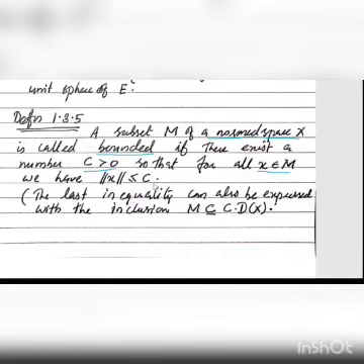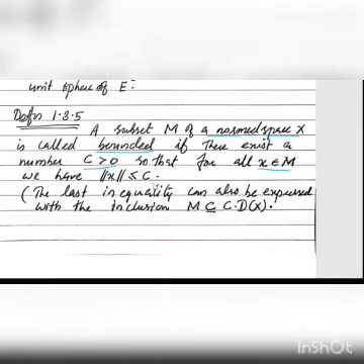The last inequality can also be expressed with the inclusion M is contained in c into D of x, where D of x is the open ball. So M is contained in c into D of x.